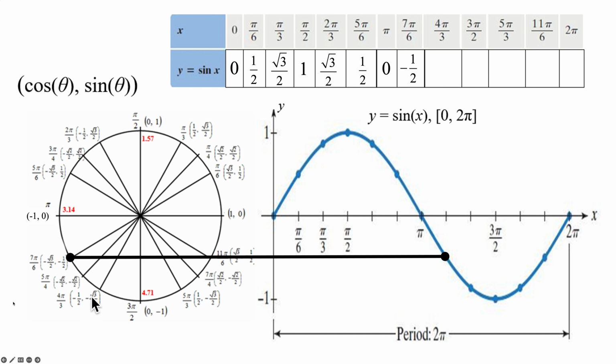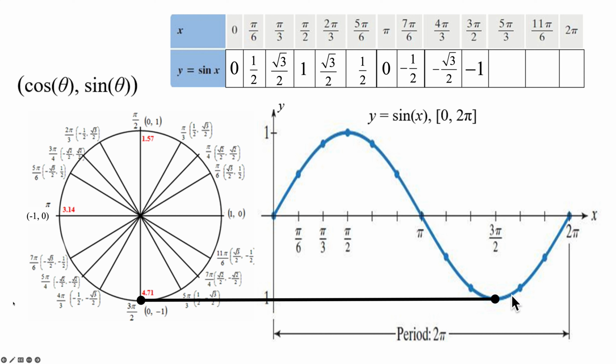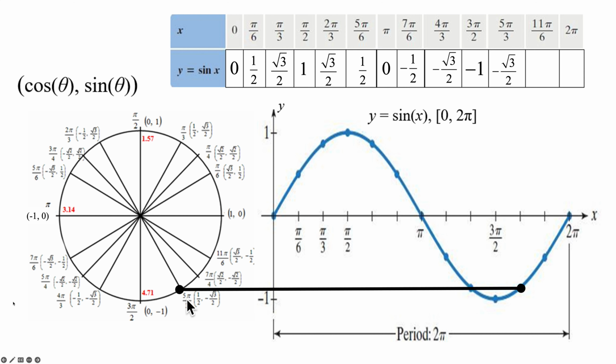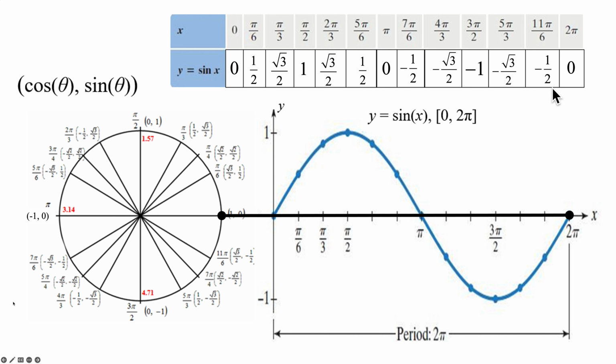At 4 pi over 3, negative square root of 3 over 2. There's that value. Get down to 3 pi over 2, we're at negative 1, straight across. 5 pi over 3, back to negative square root of 3 over 2. 11 pi over 6, we're at negative 1/2. Until we come all the way back at 2 pi, we're back to 0.